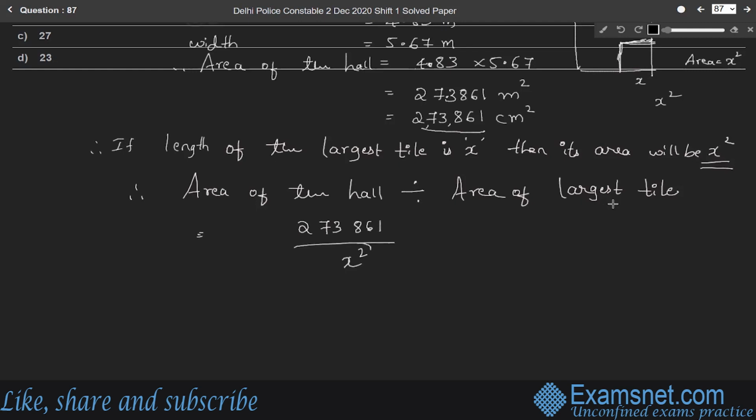So this x square should be a square number, and also it is a factor of 2,73,861, right? Then only there will be equal number of tiles which are equal in their dimensions, right?